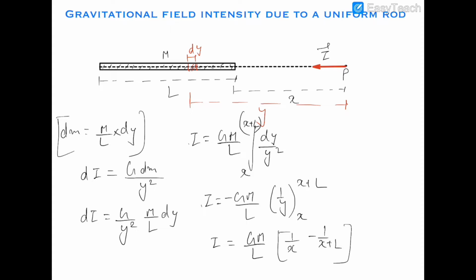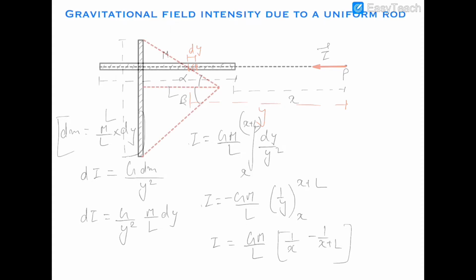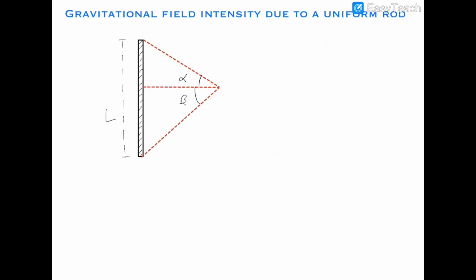Now let's move on to the next one. Let us find out the gravitational field intensity due to this rod of length L and mass m, but at a point which is on the perpendicular axis of the rod.